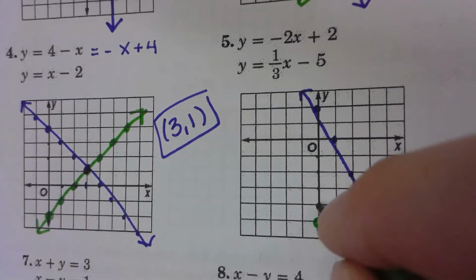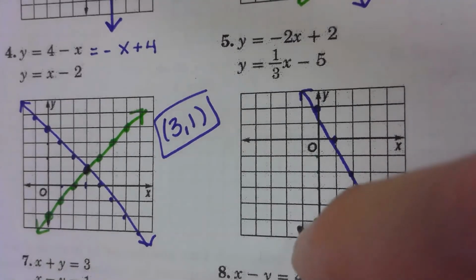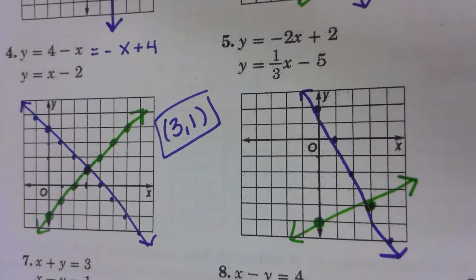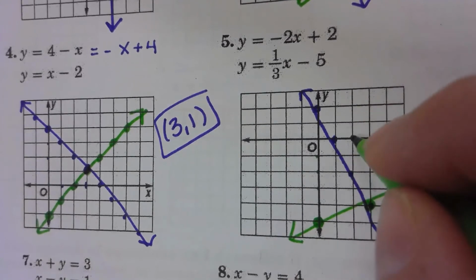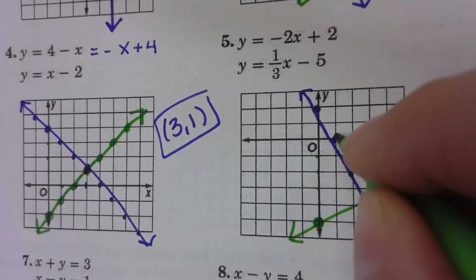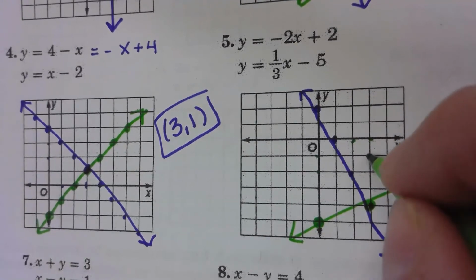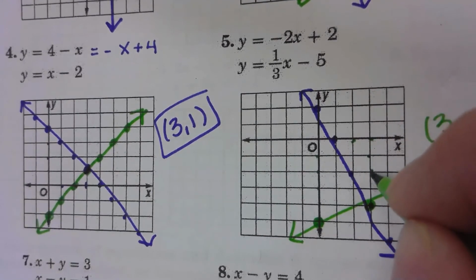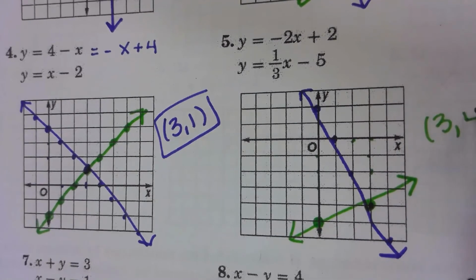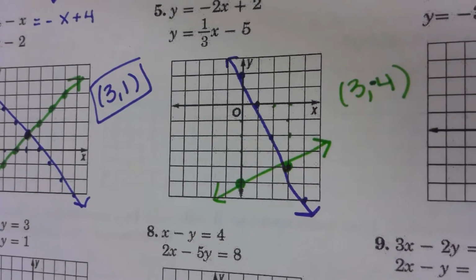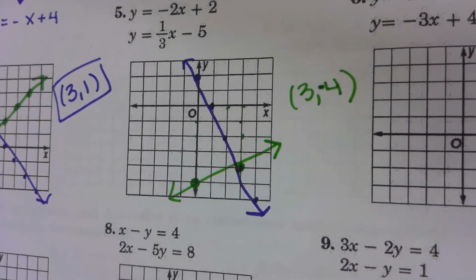And your slope is up 1 and over 3. So at x equals 3 and y equals -4, sorry, my graphs intersect. So they intersect at 3, -4.